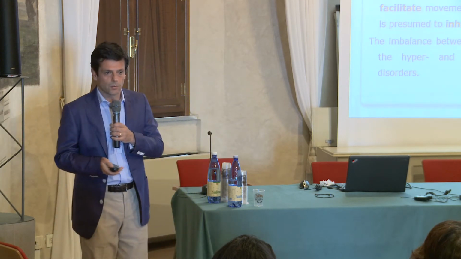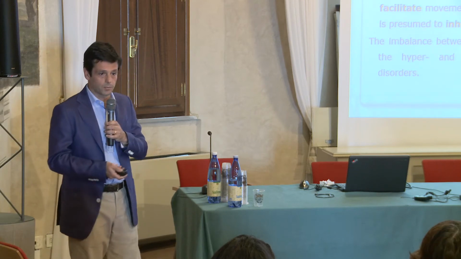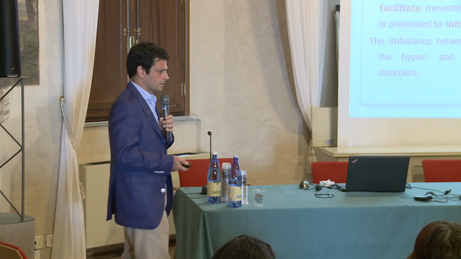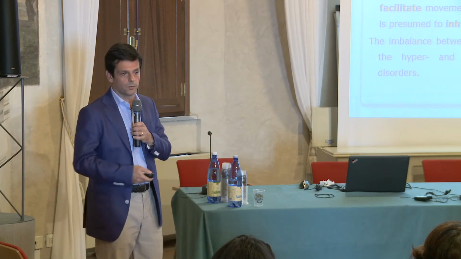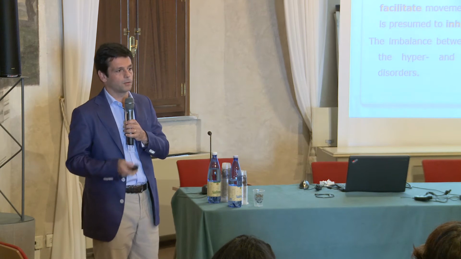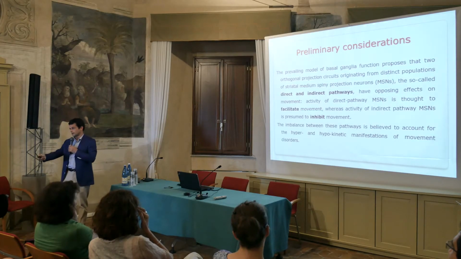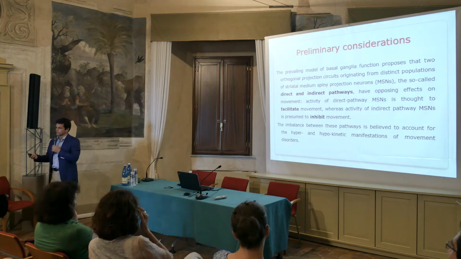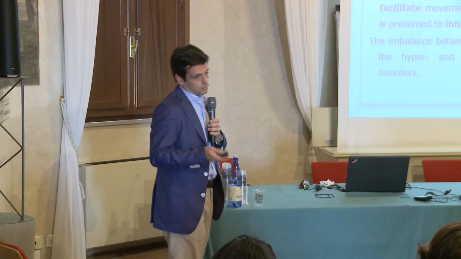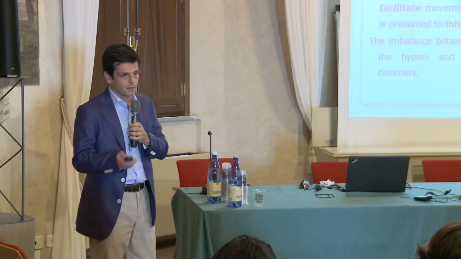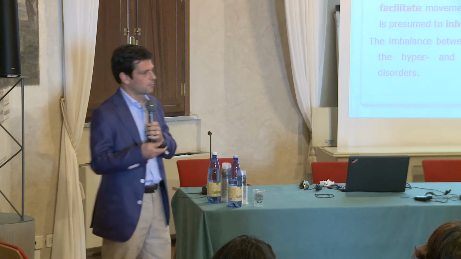So the medium spiny neuron may express D1 dopamine receptors or D2 dopamine receptors, and this gives rise to a so-called direct pathway and indirect pathway, respectively. The first one is thought to facilitate movement, and the other one is thought to inhibit movement. And as a consequence, the imbalance of these two is thought to generate movement disorders.